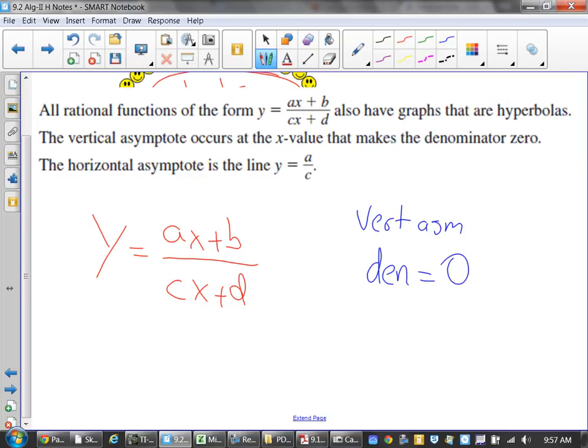It's the zero of the denominator. Your horizontal asymptote is going to be at y equals the leading coefficient over the leading coefficient. And I'll have an example here for you in a second, just to show you how easy it is to pull this information apart.